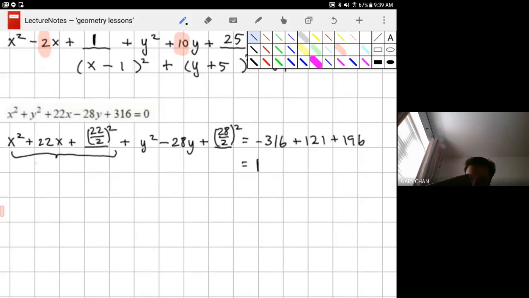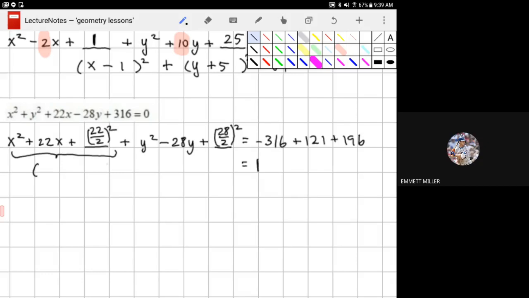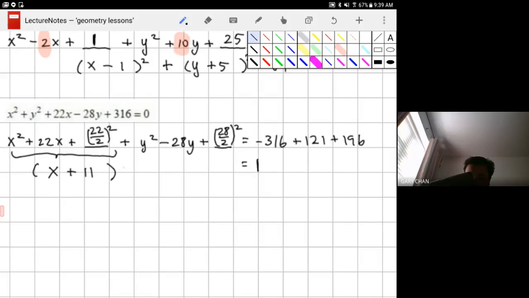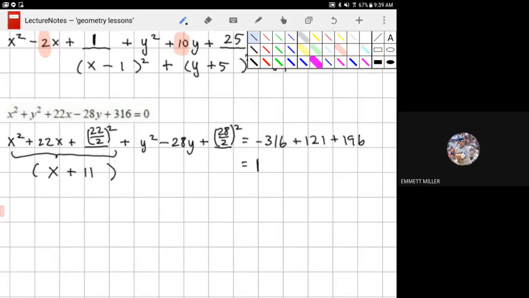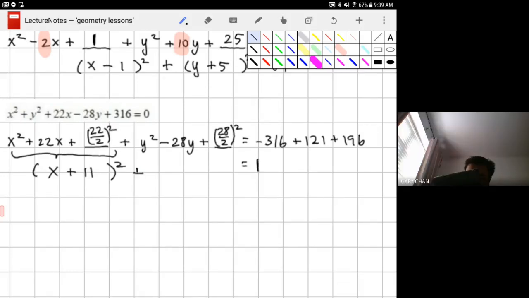Maybe Emmett? The left half would turn into x plus 11 quantity squared. Excellent. Okay. Michael, what will the right side of the left half turn into?